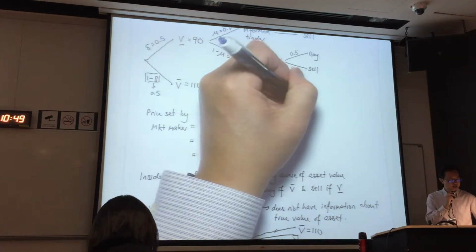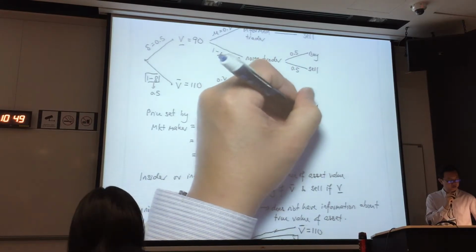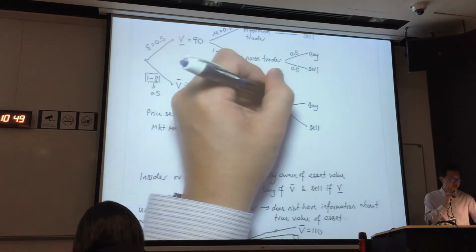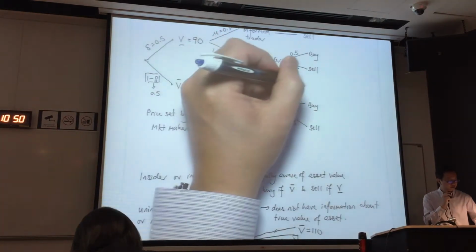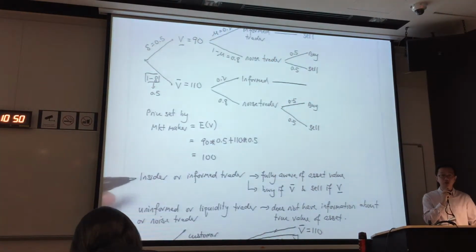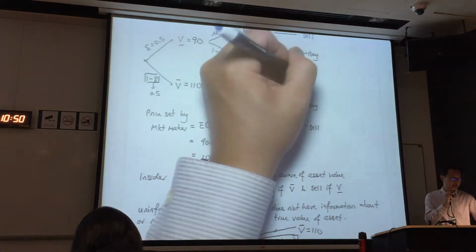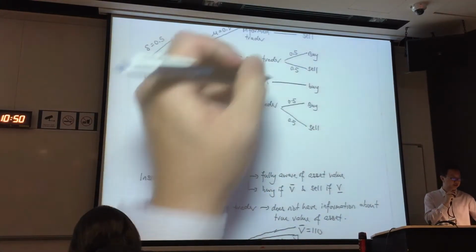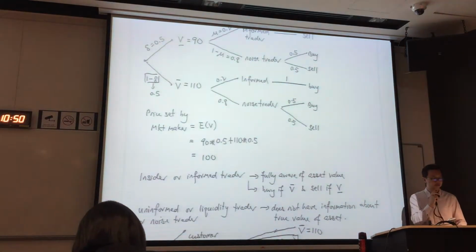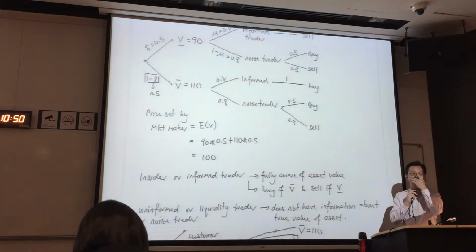They can choose to buy or they can choose to sell, where the probability is 50% each. And the informed traders will always choose to buy where the value of the asset is high. The probability of that is 100%. Understand now?